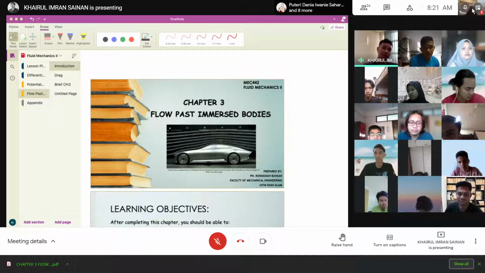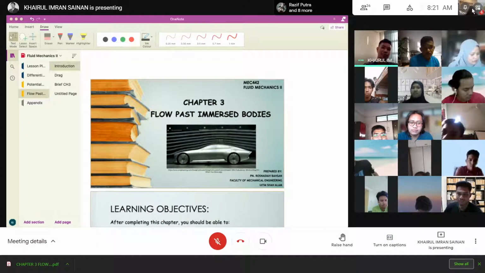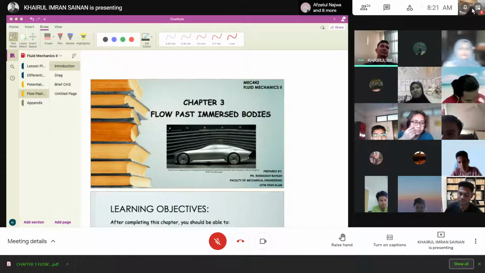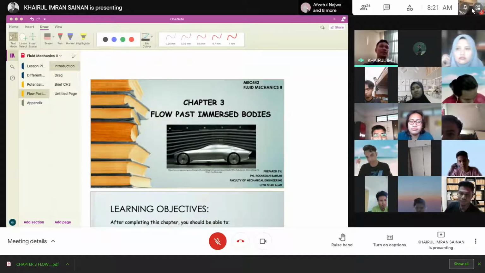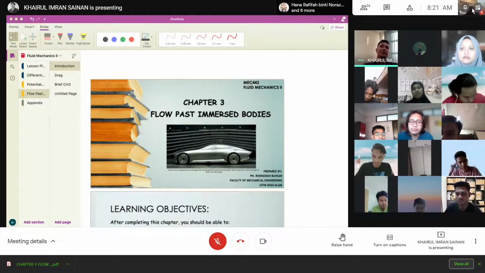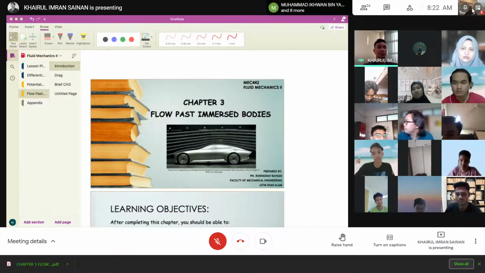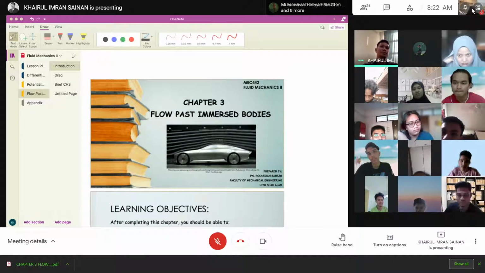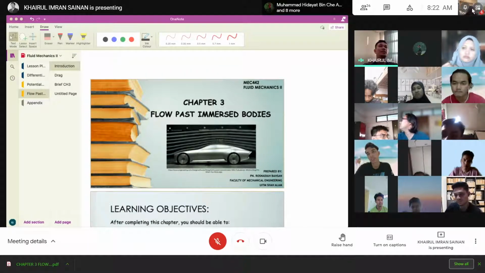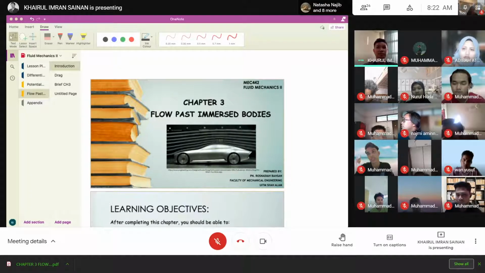So when you try to move forward within a fluid, air is actually one of the fluids as well. It doesn't matter what kind of fluid. Any object that tries to move past a fluid, meaning we have what we call a flow past immersed bodies.